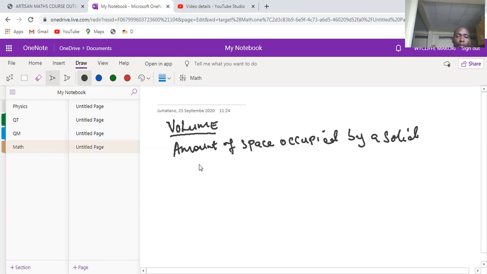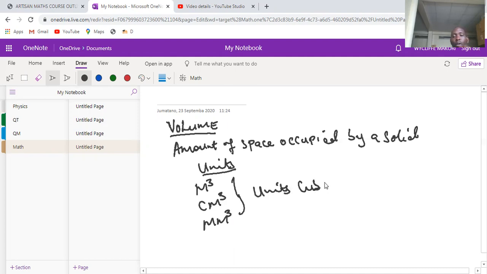Volume is normally given by the following units. You can find it is given in meter cubed, centimeters cubed, or millimeters cubed. That is to say, volume will always be expressed in units cubed.